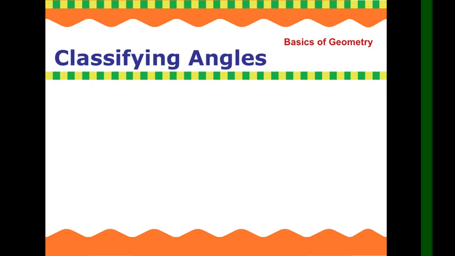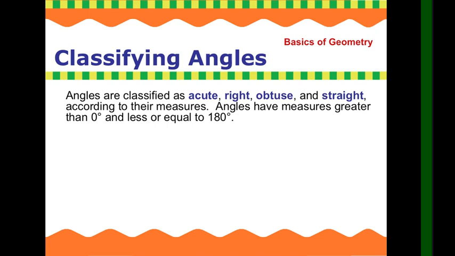Now, classifying angles. Angles are classified as acute, right, obtuse, and straight. I already discussed this angle. According to their measure, angles have measures greater than 0 and less than or equal to 180 degrees.